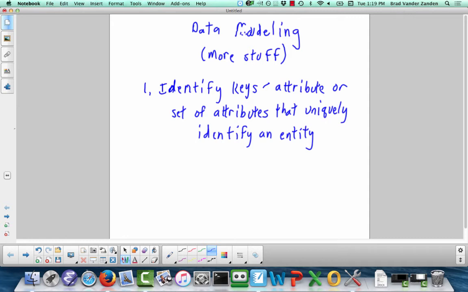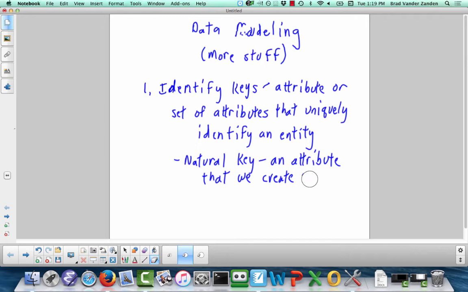So I make a distinction between what I call a natural key and an artificial key. A natural key is an attribute that we create naturally. I don't want a recursive definition.